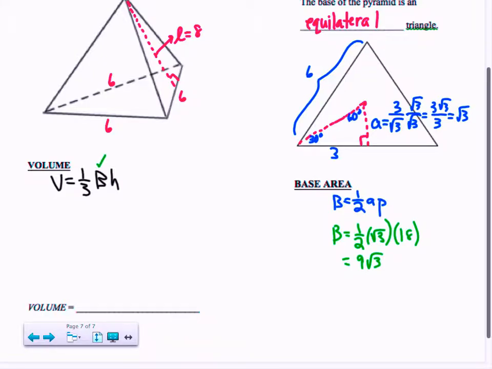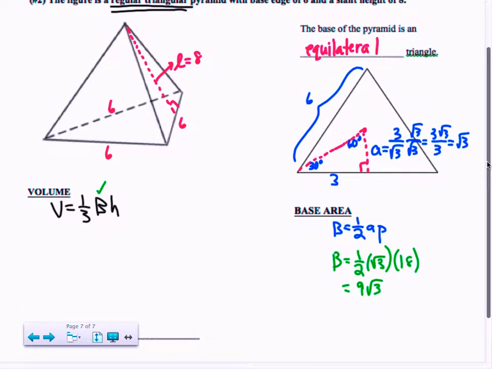All right, let's go in our picture here. We might as well draw it in. That always makes a right triangle for you. So here's our height. Now remember, this is the center of the base.